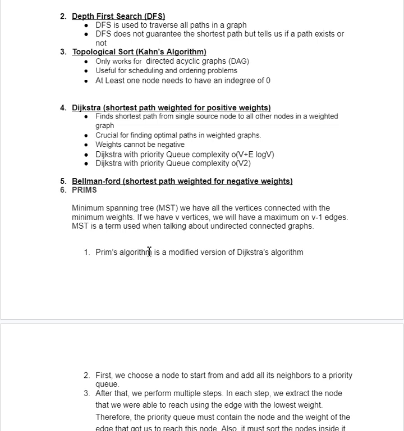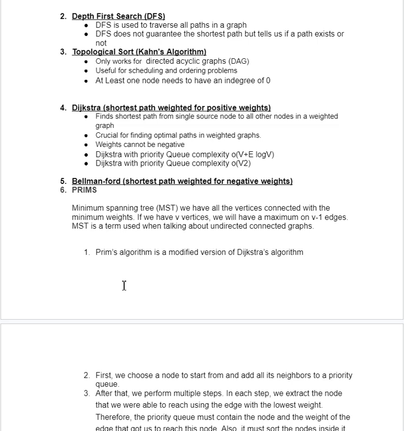One of the other algorithms one needs to know is minimum spanning tree. The basic concept of a minimum spanning tree is that if we have a graph with weights and all the edges, a complete graph, then a minimum spanning tree will have V minus 1 edges of minimum weights.